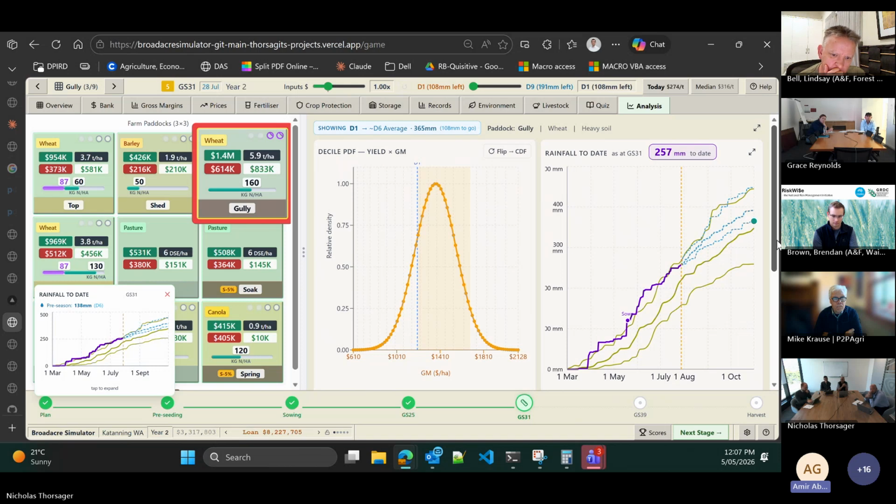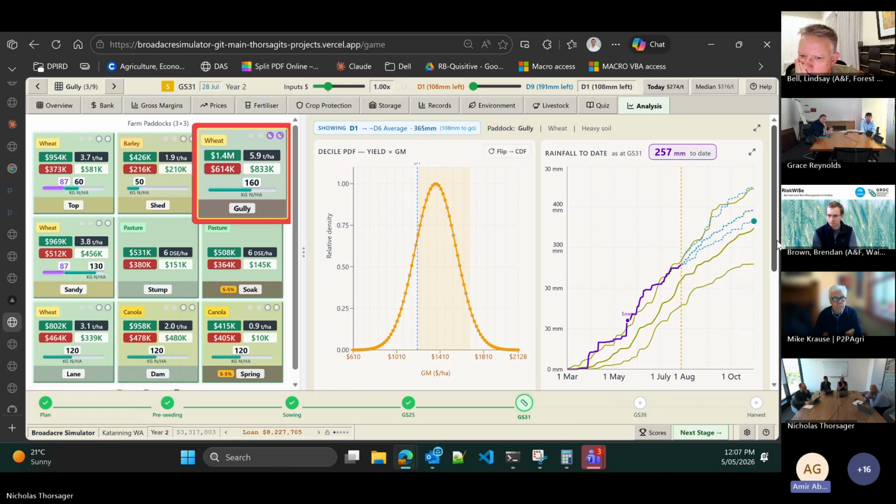Now, if and when they get the 2010 type year that we had in WA, the whole thing will look very, very different, and they will see a distribution move to the left of where they might be making losses if they apply any more nitrogen, or in fact, they will just make losses even if they do nothing other than just grow wheat.